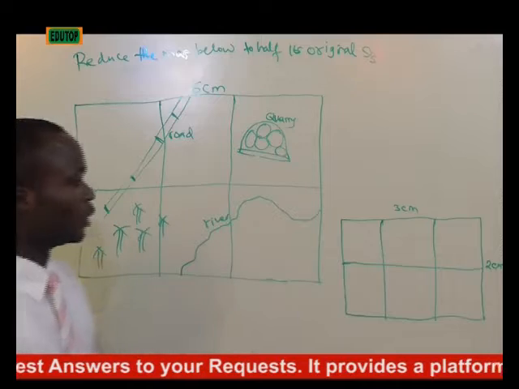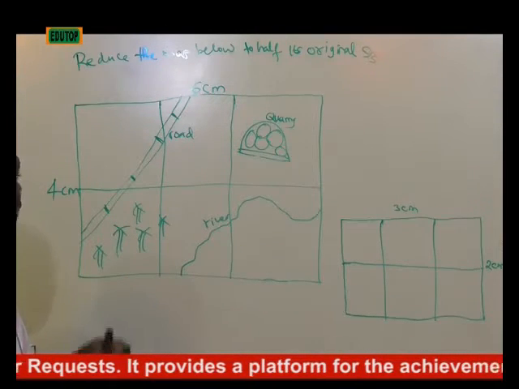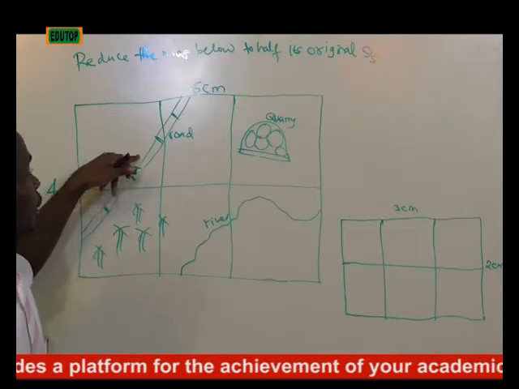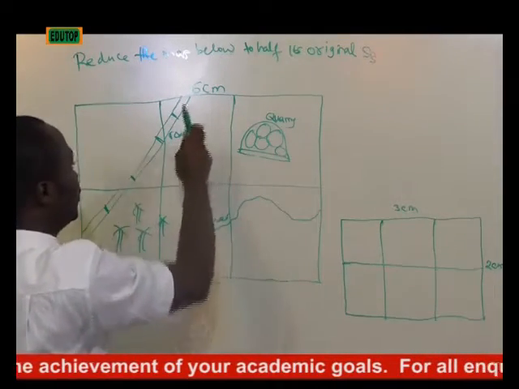So from what we have done so far, you can see obviously that the first feature here, which is the major road, is running from the second grid.